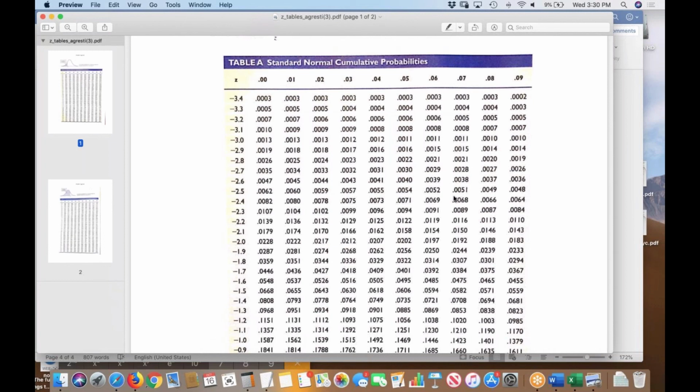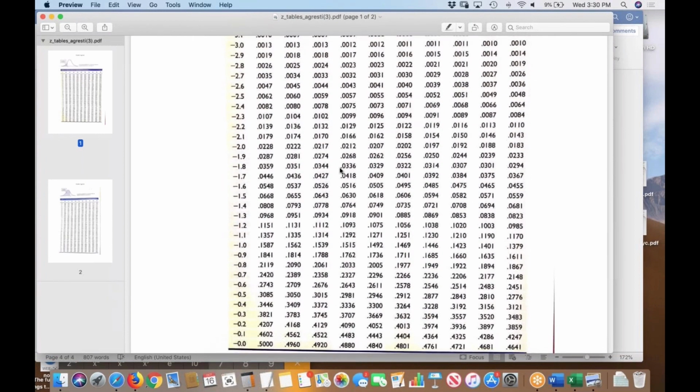Here we go, somewhere between these two numbers, right? Here's 0.0051. Here's 0.00549. It's somewhere between these two numbers. I'm going to pick this one over here. So the z-score I'm going to use is negative 2.58. How about for 5%, 90% or 5% in each tail?